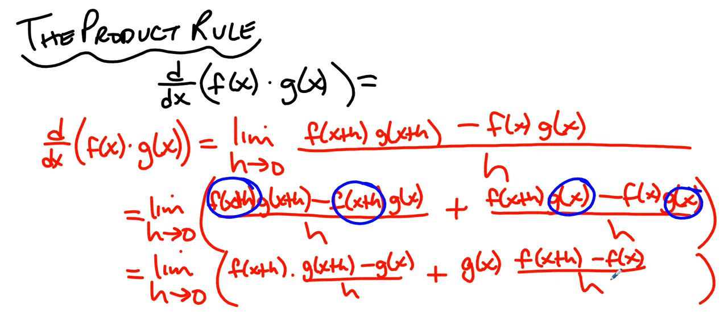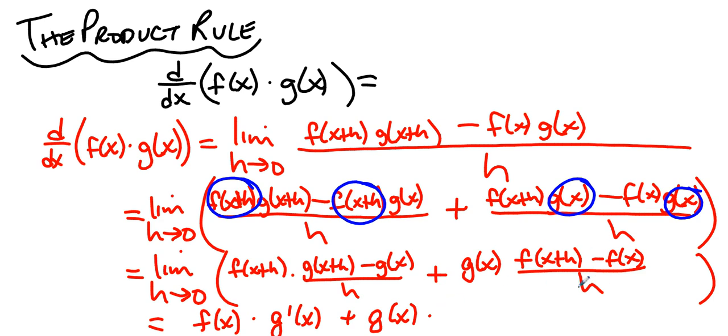So let's examine what happens as h approaches 0. As h approaches 0, this becomes f of x. As h approaches 0, this is a difference quotient. This difference quotient becomes g prime of x. As h approaches 0, this doesn't care. As h approaches 0, this is a difference quotient.